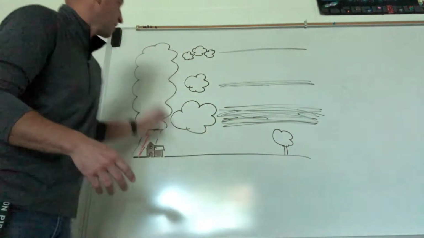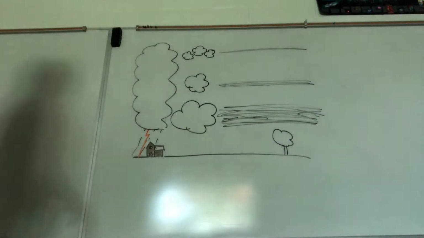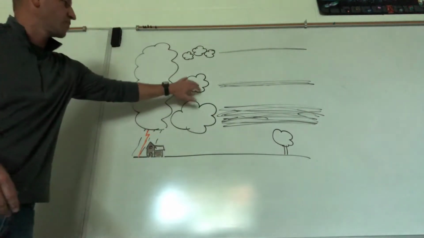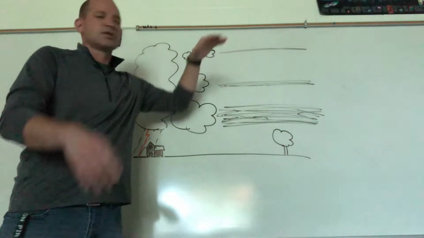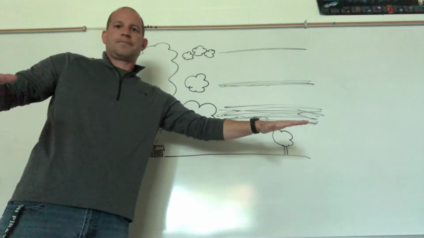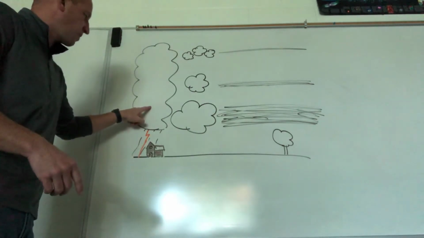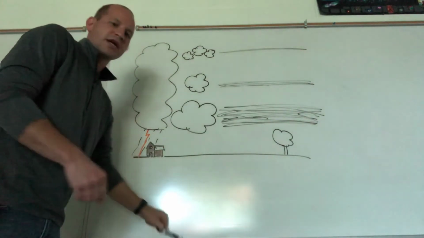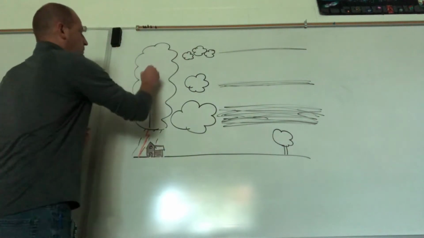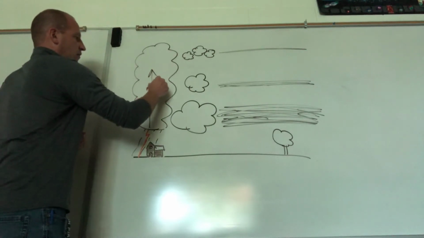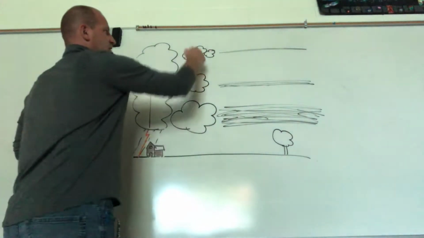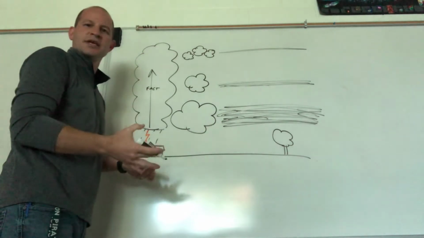To start with, I want you to notice that some of these clouds are puffy and some of these clouds form a layer. When clouds are puffy, that tells you the air is rising really fast. So all of these have air rising quickly. That's called unstable air.